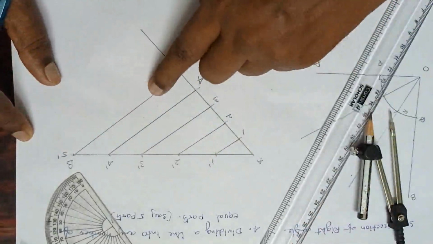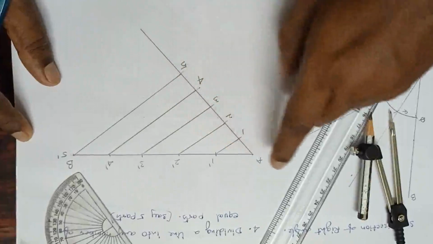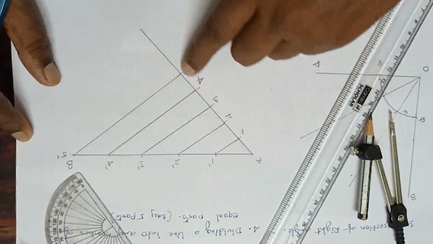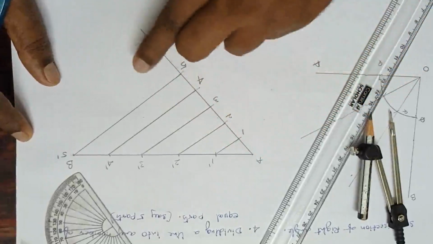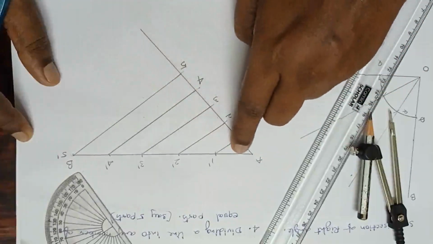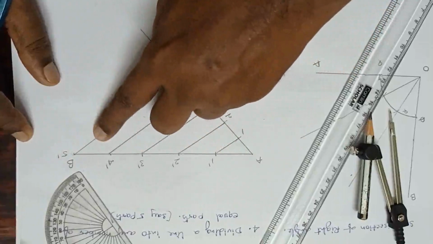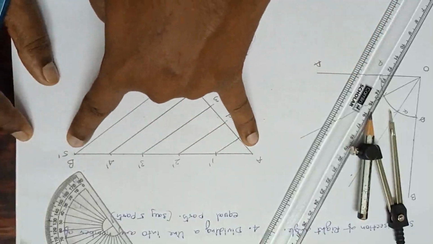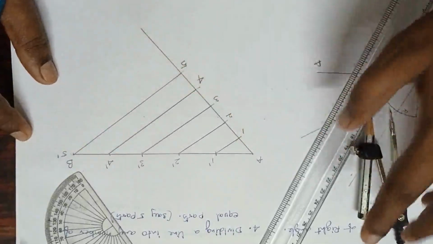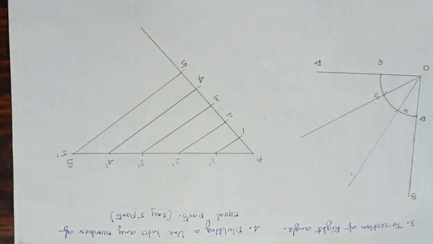I have used the parallelism and the acute angle line. Because all these are equal and all are parallel, I will get equal parts here. Without knowing the length of the line AB, I have divided it into 5 equal parts. I hope you have understood.